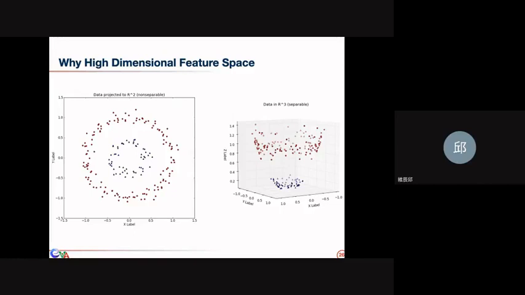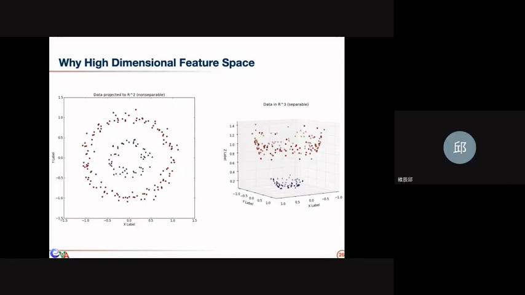Now if I want to find a linear classifier to separate these two groups, it is almost impossible to do so in the original 2D space. How can you find a linear classifier, which is a straight line?